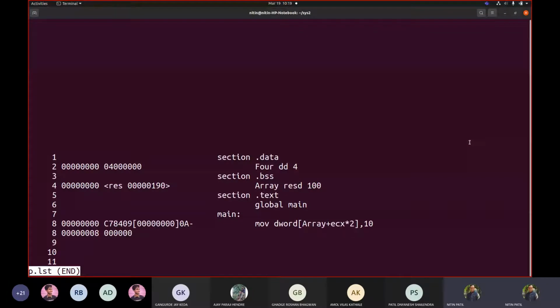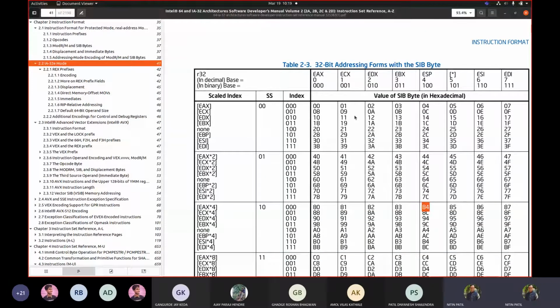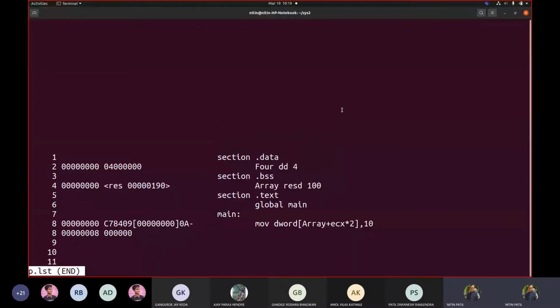Even if I talk about 09, 09 is somewhere here. ECX, ECX. But then scaling factor is not considered here. Now what might have happened here with respect to this instruction that it is picking other details for me. So which is mod and which is scale index byte for me here.